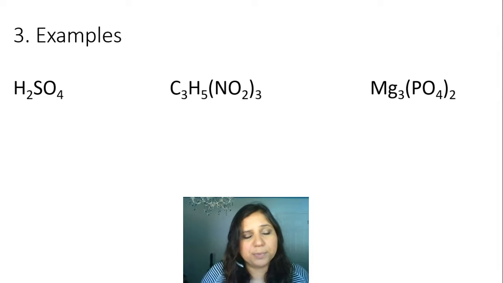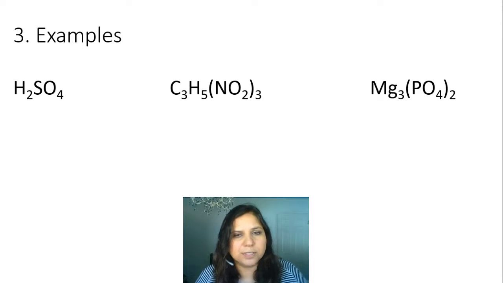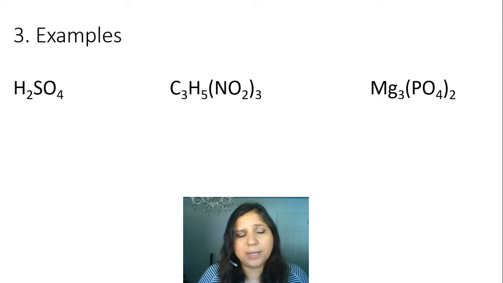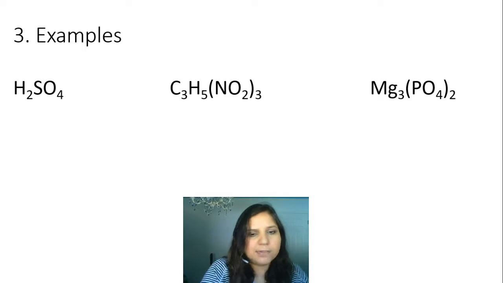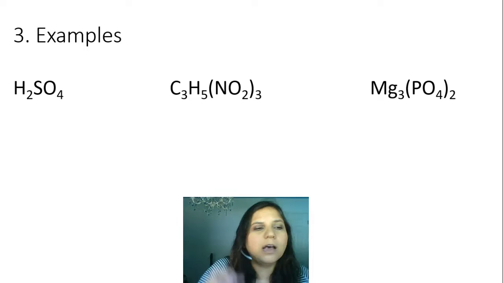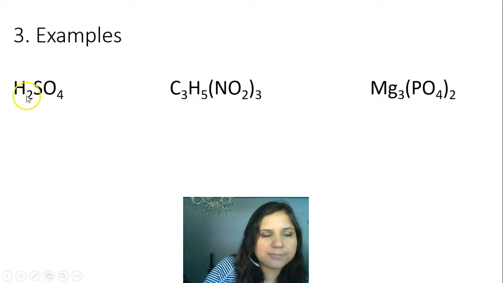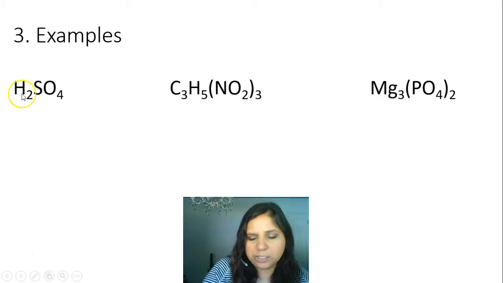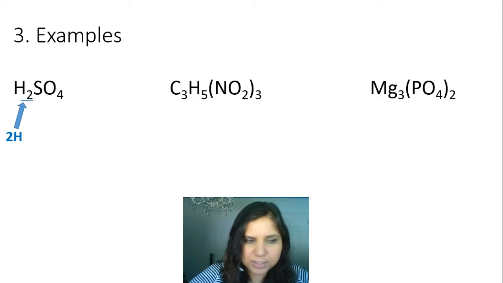Okay, here's some examples of chemical formulas, and we're just going to go ahead and count how many atoms of each type of element we have in each one of the 3 compounds. So here's the first one. We have a subscript of 2 after the H, which means we have 2 H's. H just stands for hydrogen, so 2 hydrogens.